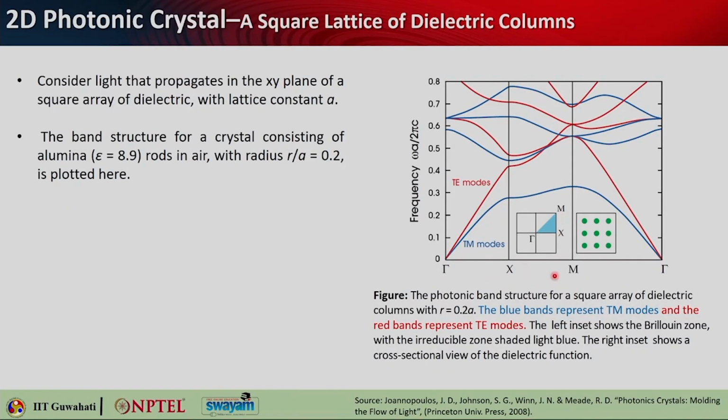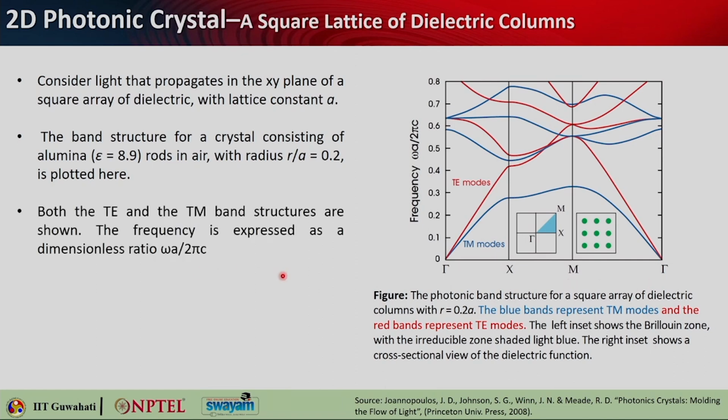And the band diagram is basically plotted when you traverse through this Brillouin zone boundary. So you can start with gamma, you move to X, then from X you move to M, then from M you move back to gamma. So these are the key points, gamma, X, M, gamma, plotted here, okay.